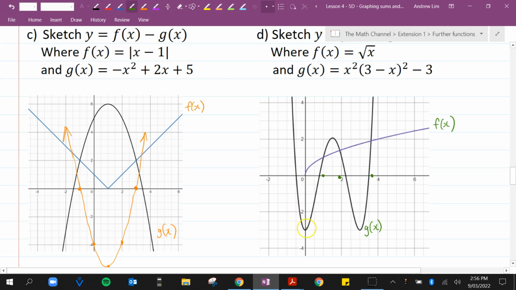So 0 minus minus 3 is positive 3. We've got about 1.25 minus 2, about negative 0.75. About there-ish.